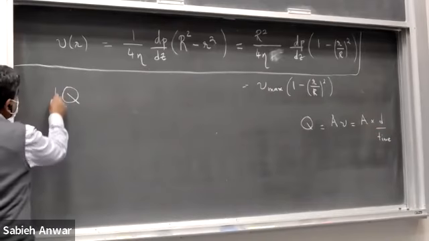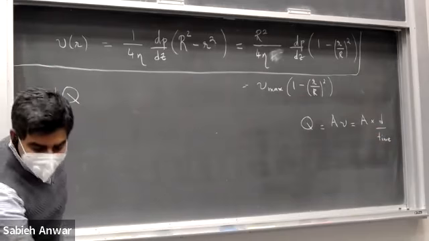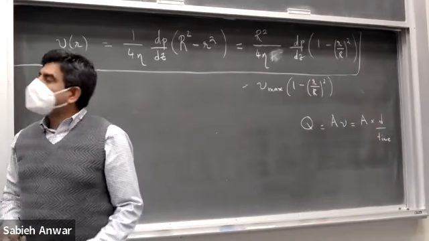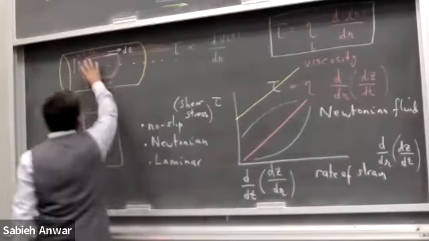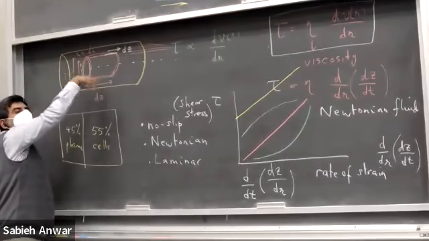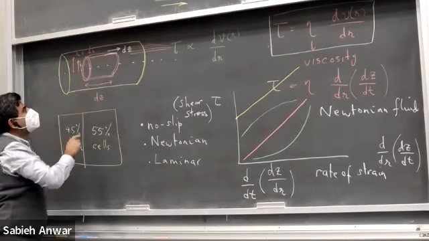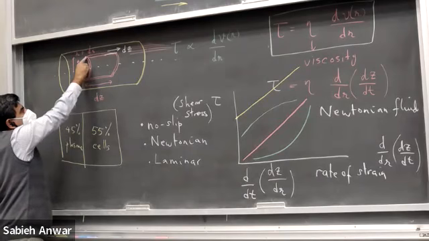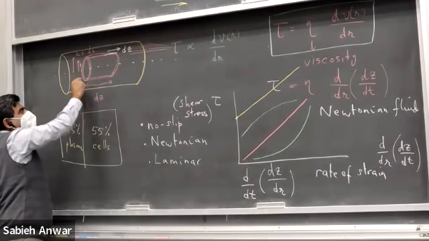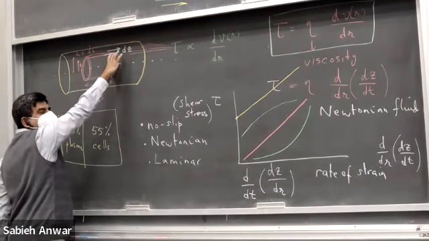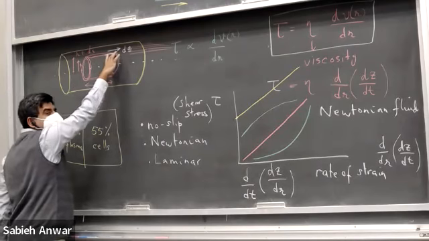So in order to find the small volume of blood carried inside this infinitesimal annular cylinder, the volume of liquid is going to be this cross-sectional annular ring 2 pi r dr into this length dz, and you divide dz by time, you get speed.